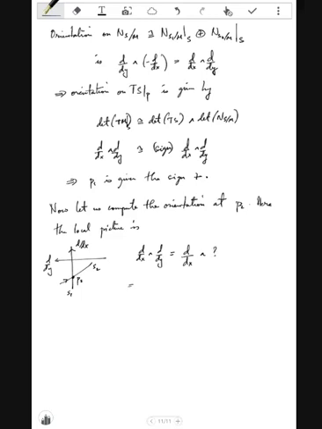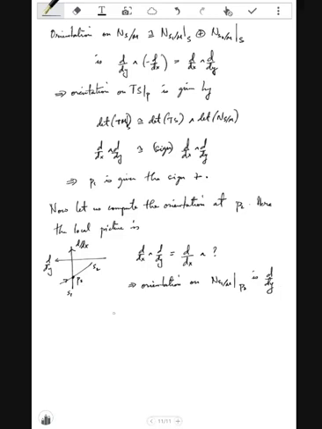So this implies the orientation on N S1 restricted to P2 is given by d by dy.